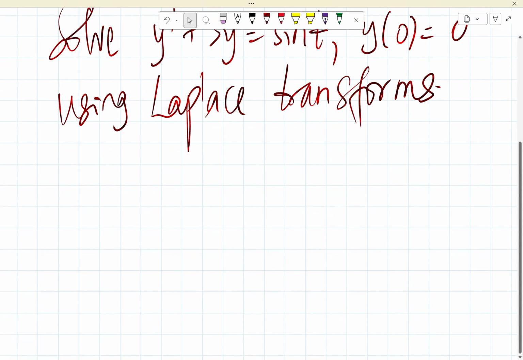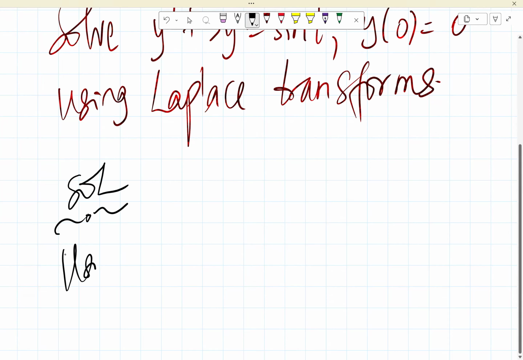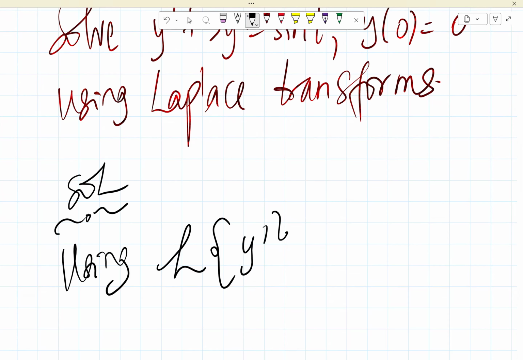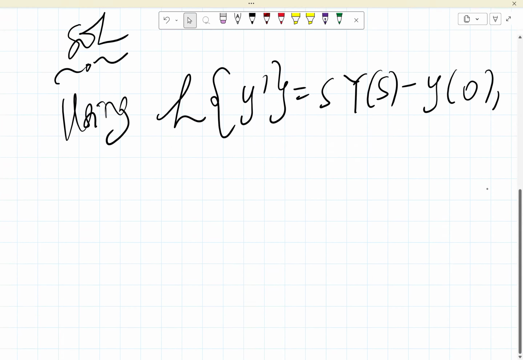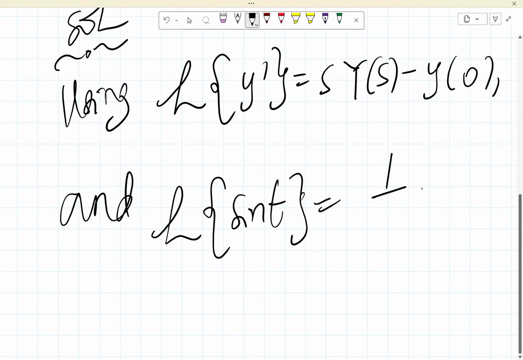So we have step 1. In step 1, we take the Laplace transform. So let me just say solution. Using the idea that the Laplace transform of y prime is equal to s Y of s minus y of 0, and the fact that the Laplace transform of sine t is equal to 1 over s squared plus 1.